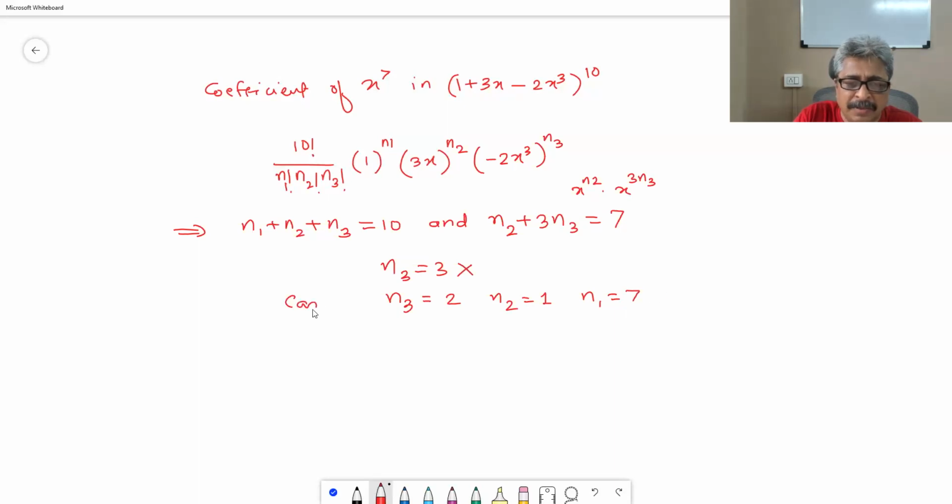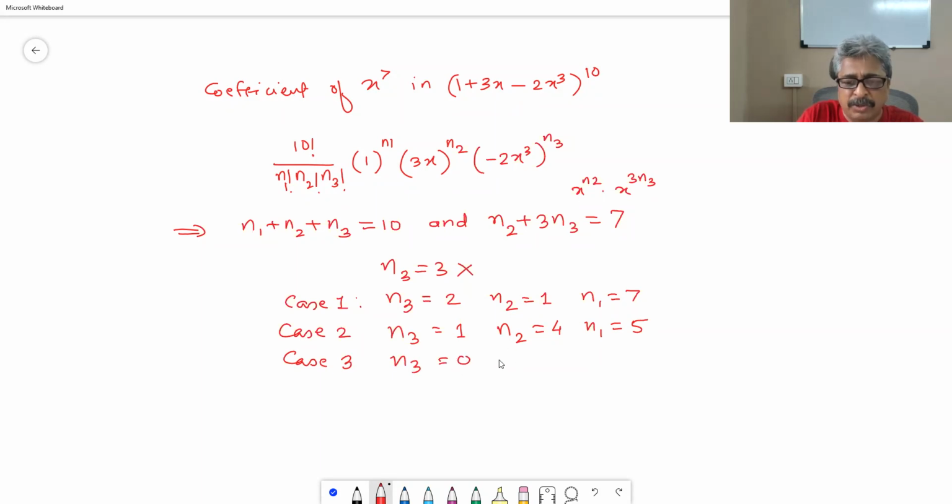That is case 1. In this case, you will have x raised to 7 available with you. Case 2, if you take n3 is equal to 1, n2 will be equal to 4 and n1 will be equal to 5. And case 3, n3 is equal to 0.